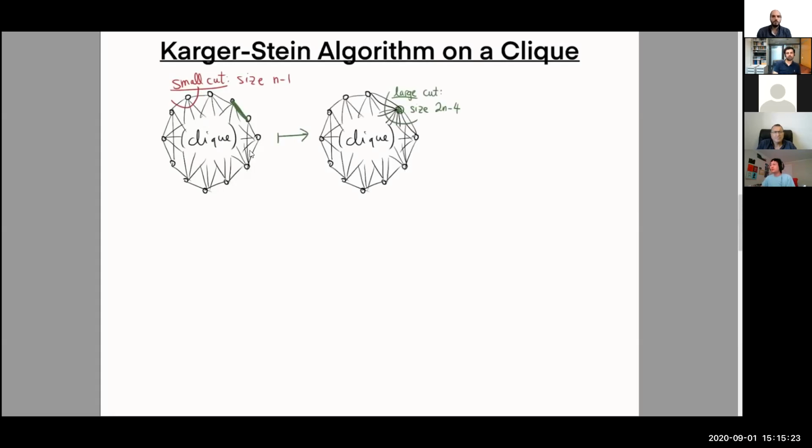Given the clique, the algorithm will contract a random edge of the clique. And once the edge is contracted, the new vertex will have degree roughly 2n, not the original degree n minus 1, by a simple counting argument.